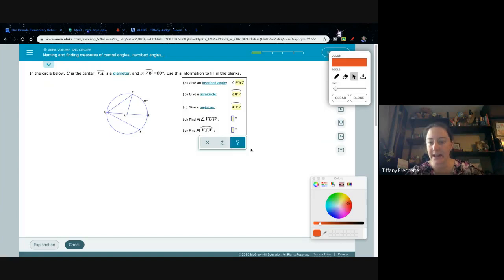All right, let's look at find. Whoops, gotta click on my pen. So we want angle VUW. So VUW here, which we've actually talked about a little bit. So they gave us this arc was 80. And this is a central angle because here's the center. It's going to the center.